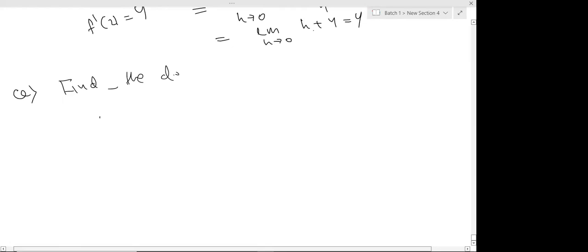Find the derivative of f of x equals x square plus 4x plus 3 at x equals 1. All right.